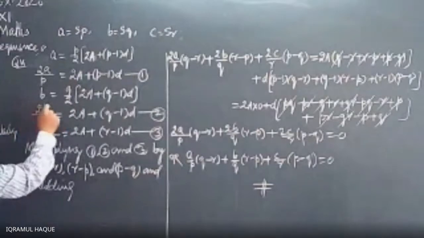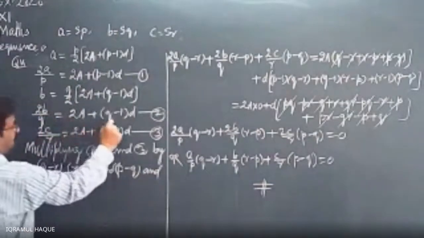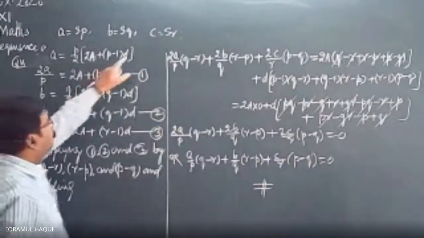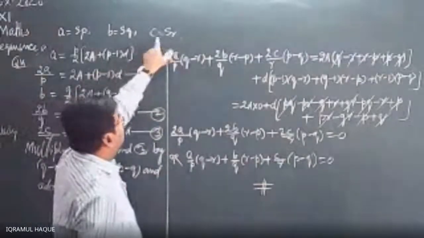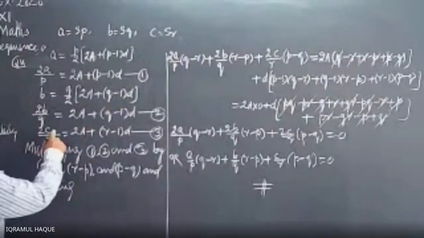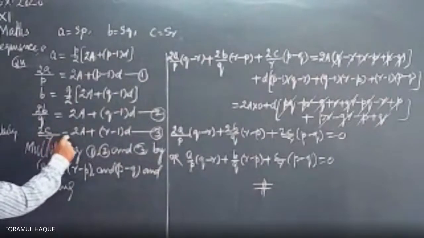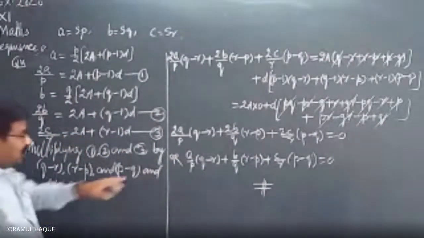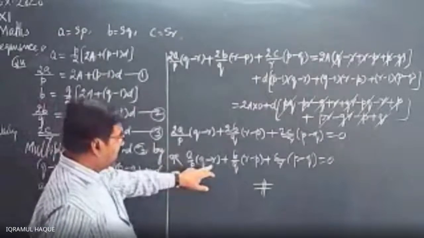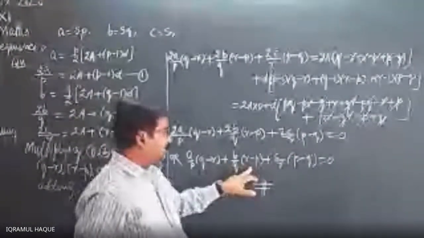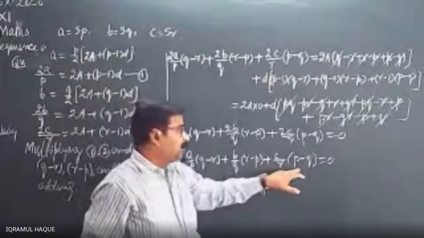The value is 2b upon q is equal to 2A plus q minus 1 into D. Equation number 2. Similarly, for the third relation, c is equal to sum of r terms, so directly I have written 2c upon r is equal to 2A plus this much. Now check. a upon p is the coefficient of q minus r. b upon q is the coefficient of r minus p. c upon r is the coefficient of p minus q.